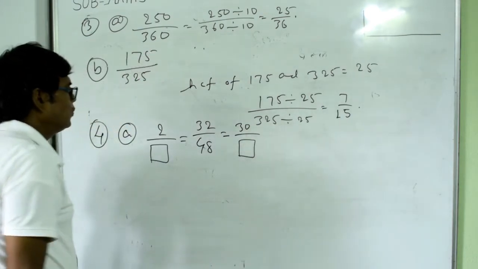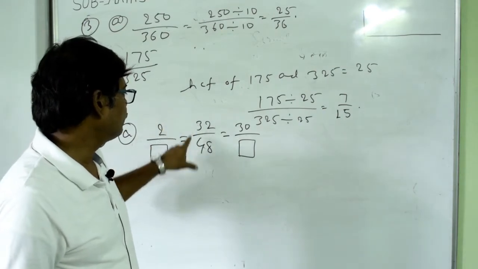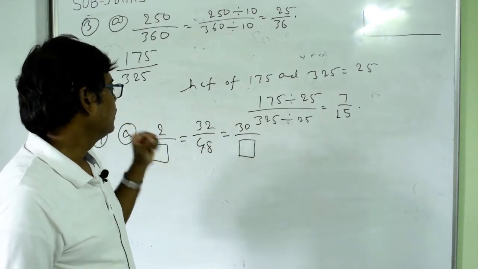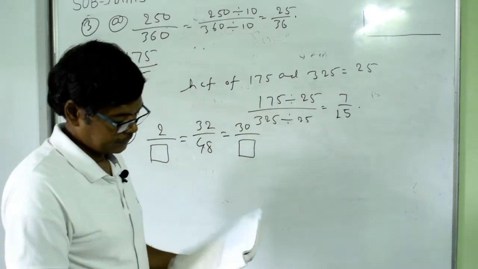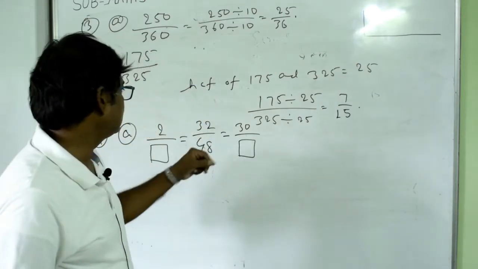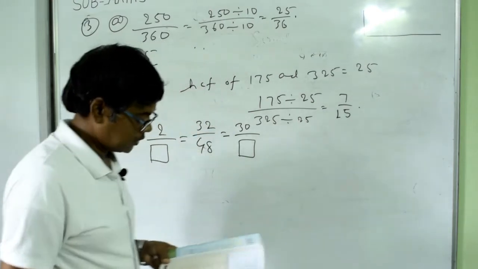Now here, see that this is the fraction, 32 by 48, and this is 2 by box and 30 by box. So what number will be here?